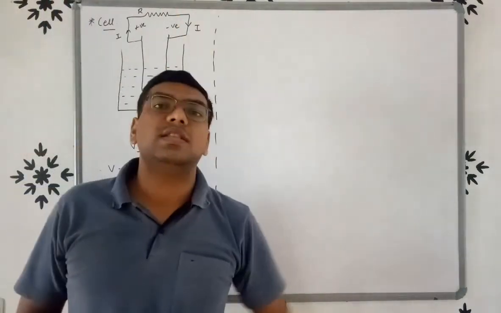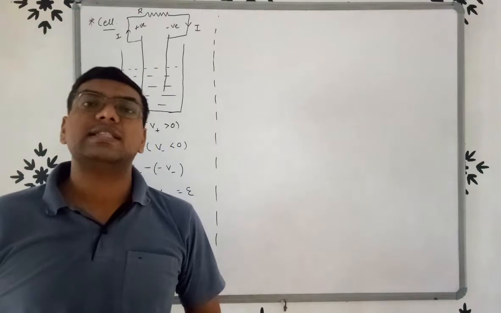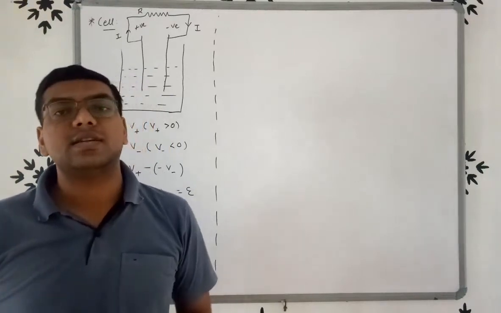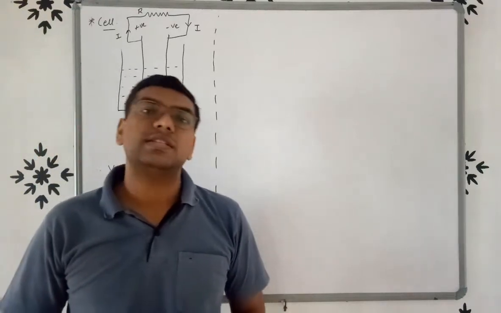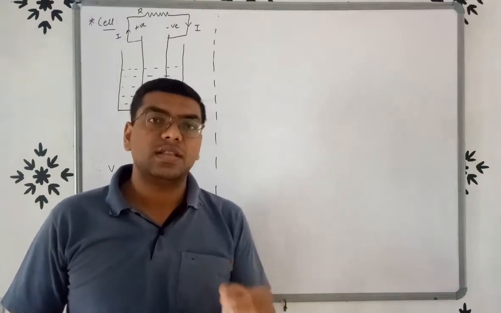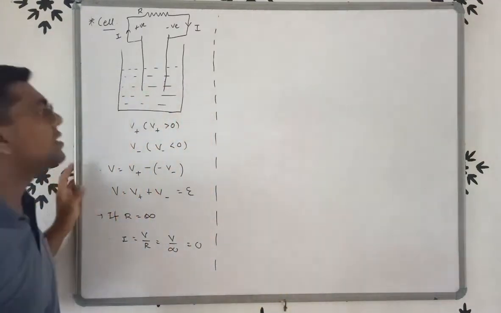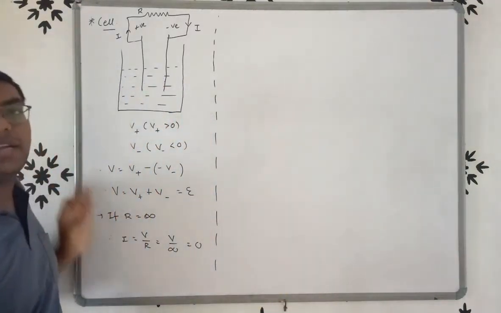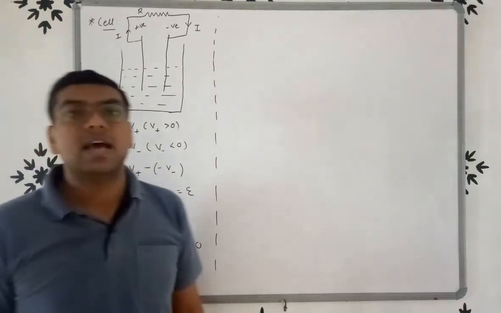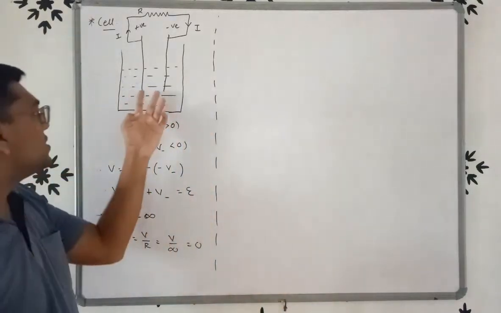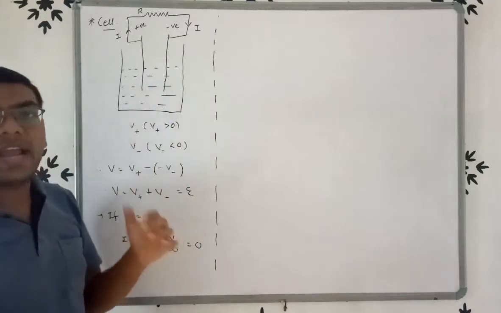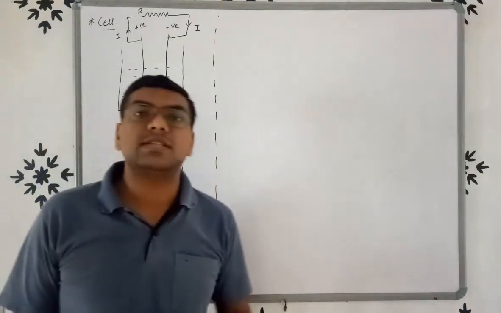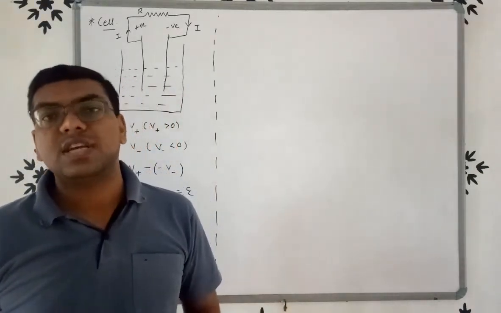So this electrolyte acts as a resistor for the charge. This resistor is known as the internal resistance, right? So the resistance of this electrolyte acts as an internal resistance for the charge.